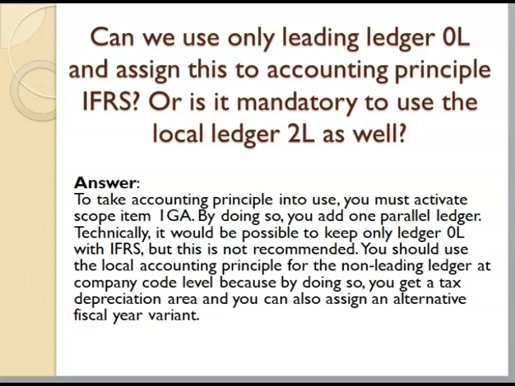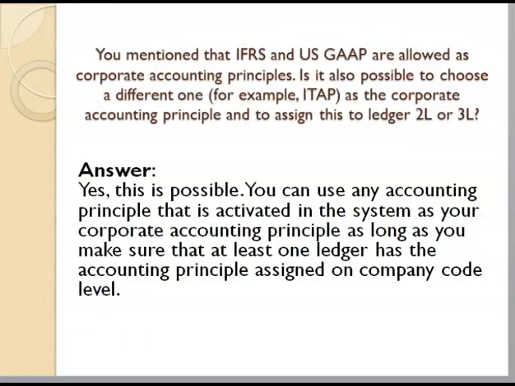Technically, it would be possible to keep only ledger 0L with IFRS, but this is not recommended. You should use the local accounting principle for the non-leading ledger at company code level because by doing so you get a tax depreciation area and you can also assign an alternative fiscal year variant.